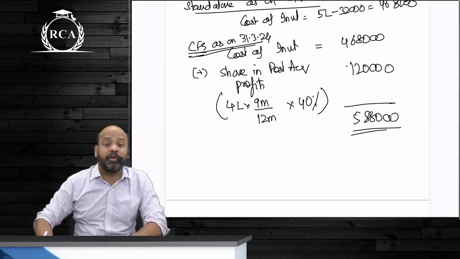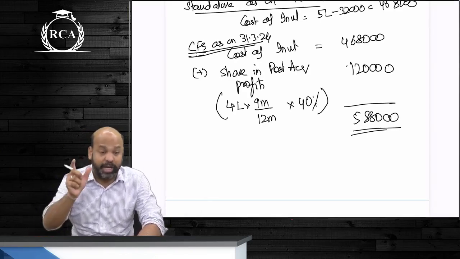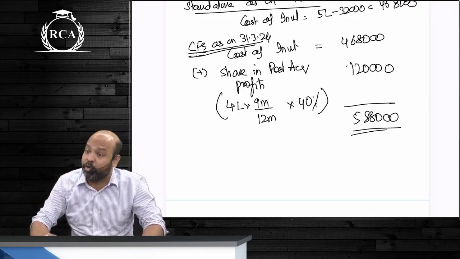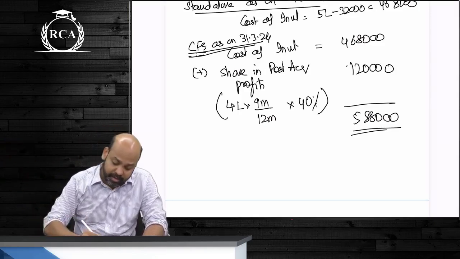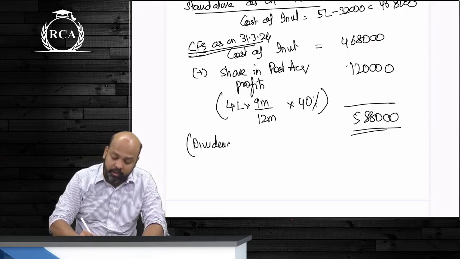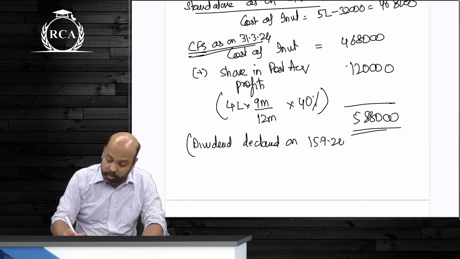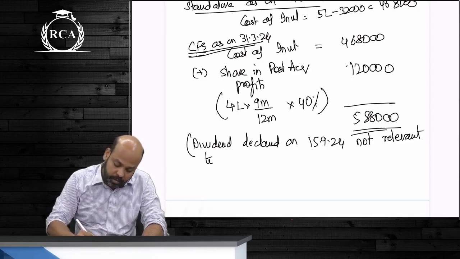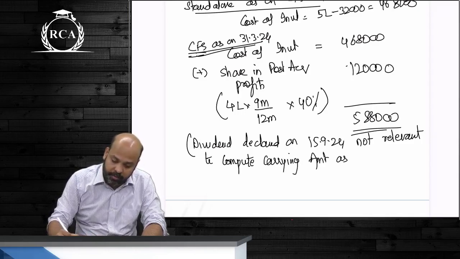You understood why did I write into 9 by 12? We only add our share in post acquisition profits. 4 lakh is the profit for the entire year. You will have to take proportionately for 9 months. उसका भी only 40% share. वो नीचे लिखना बेटा, dividend declared on 15 September 2024 not relevant to compute carrying amount as on 31st March.